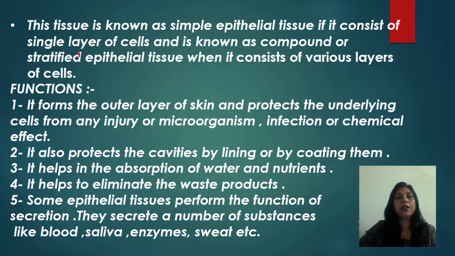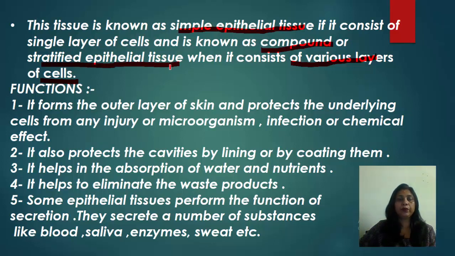If it consists of a single layer of cells, it is known as simple epithelial tissue, and if it consists of various layers of cells, then it is known as compound or stratified epithelial tissue. Okay, the difference you are understanding? If the single layer of cells is there, it is known as simple epithelial tissue, and if it consists of various layers of cells, it is known as stratified epithelial tissue.